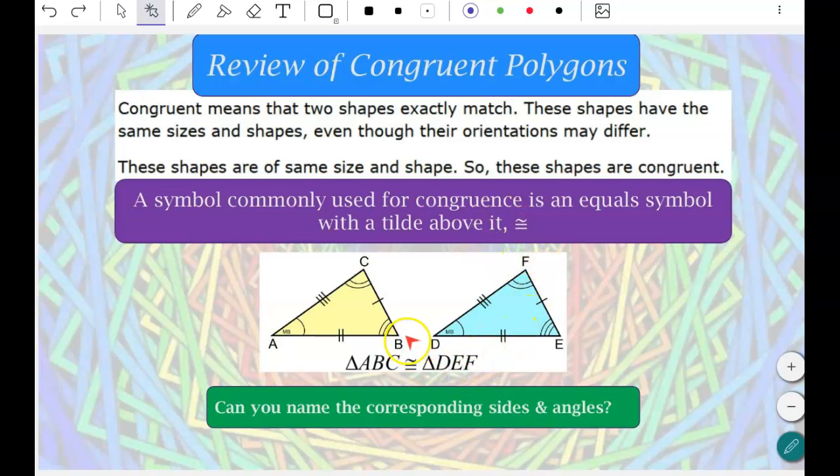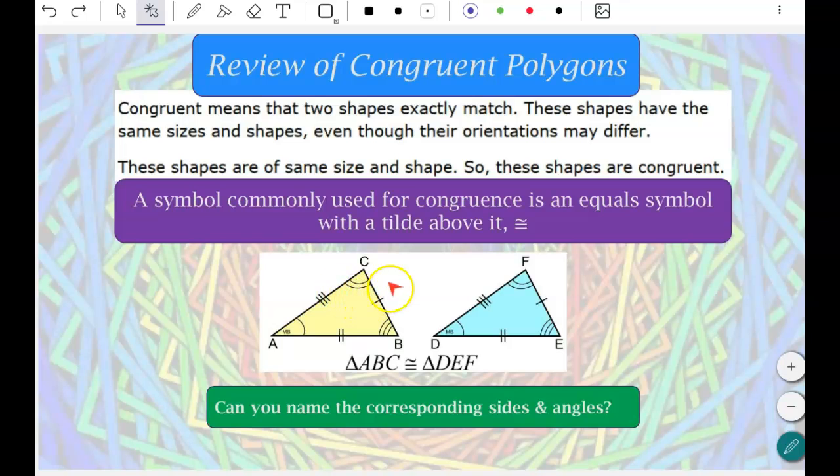So in this example here, it says triangle ABC is congruent to triangle DEF. Now notice how they have it marked. This angle here is congruent to this angle.